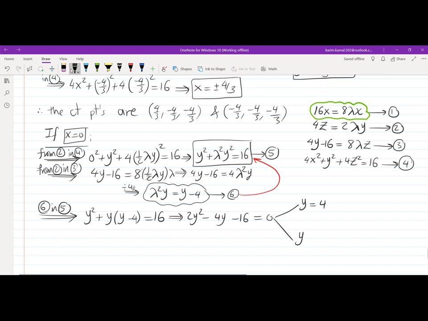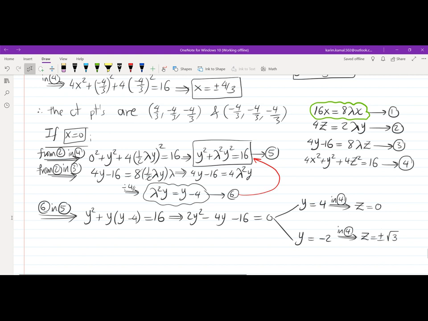You can use equation number 4 in order to find the value of the z, and then in equation number 4 you will get that z equals to 0, and again here in equation number 4 we will get that z equals positive or negative root 3, and now we got y and z and also x, and then we can find the critical point.